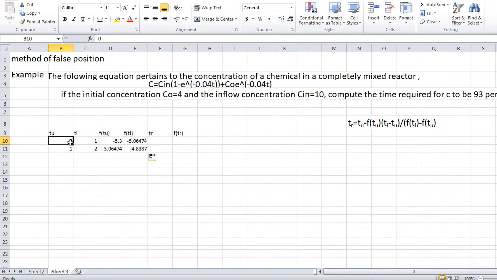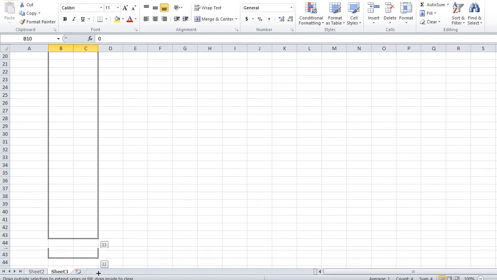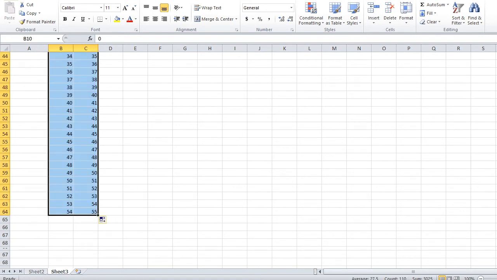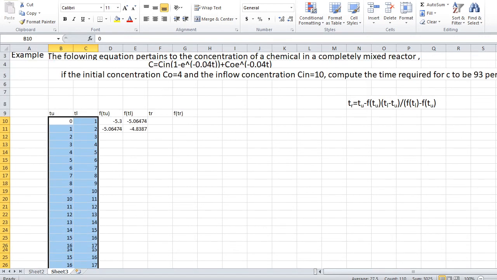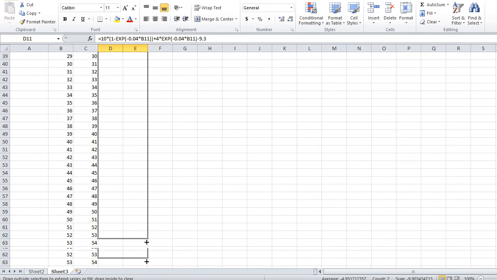Again we have a negative, so let's drag this up to some values so that we get the value of the function of opposite signs at both T of L and T of U. Now drag also these functions to these values.